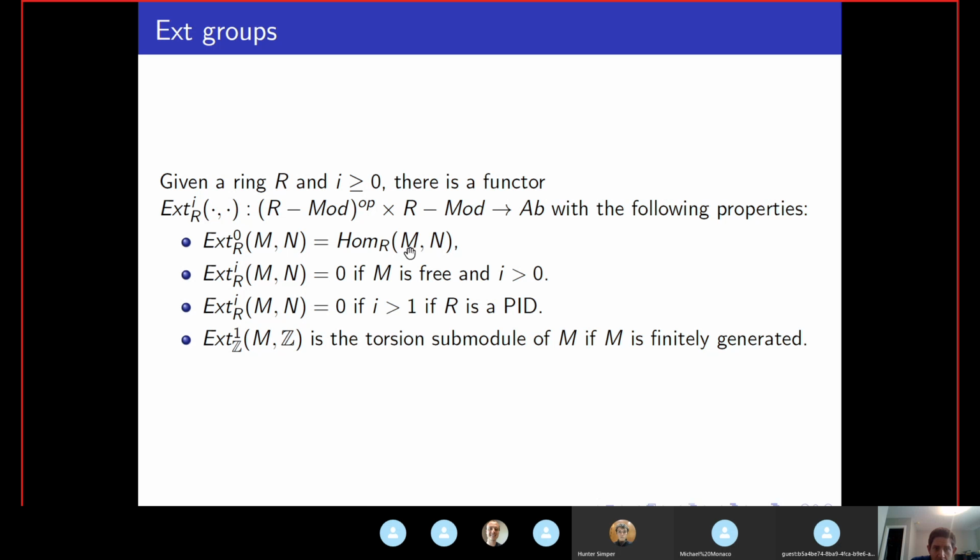With the following properties: when I is 0, it's just the homomorphisms from M to N, the R-module homomorphisms. So it takes in two R-modules and outputs abelian groups. The next property is that if M is free, then the higher Ext groups are 0, in positive degrees.